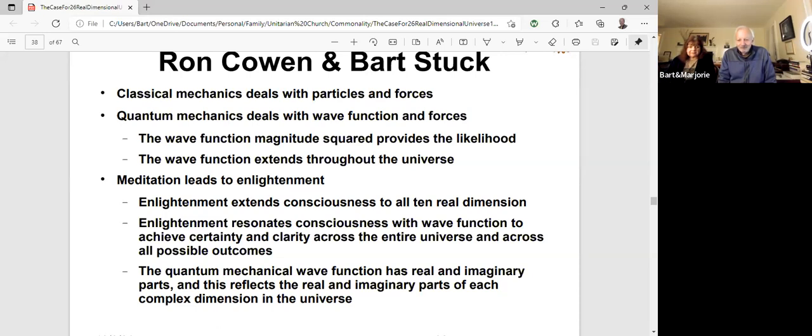But the key thing is that you're probably sensing this wave function that is there. There's only one wave function for the entire universe, and by sensing this, you sense all possible outcomes, and therefore you have this certainty that is the basis of this non-duality.